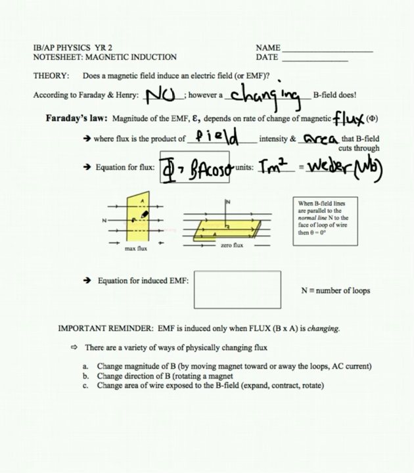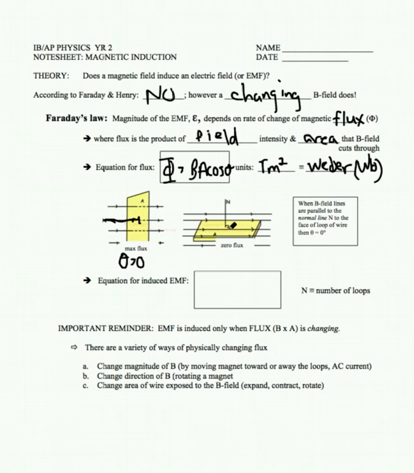So in this case, if the loops of wire are facing left or right, then the normal is, if you will, coming out this way, so that the angle between them is 0 degrees. And therefore we get the maximum flux because the cosine of 0 is going to give you 1, so your flux is nothing more than a product of B, whatever the intensity of the magnetic field is, and A, the area of the wire that's within the magnetic field.